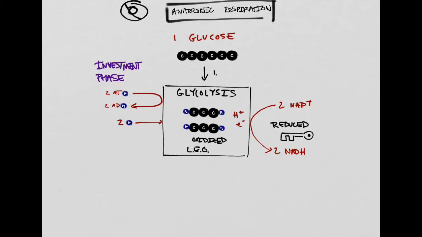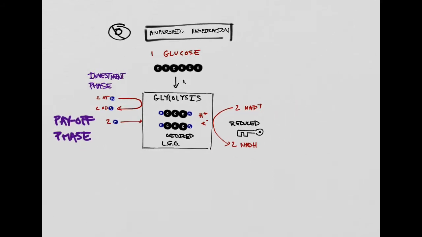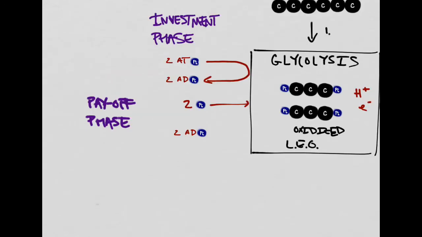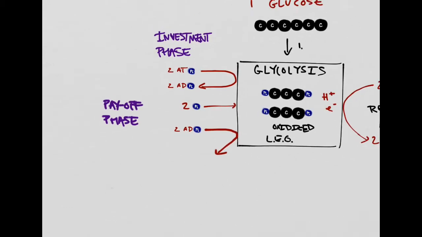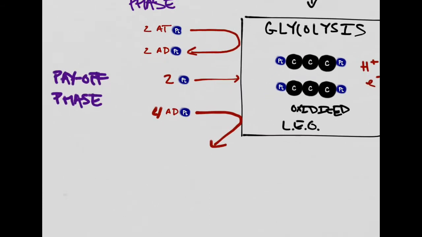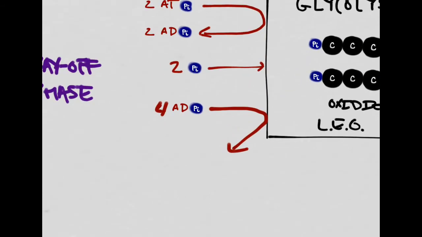So I'm going to draw here. You see, this is part of the payoff. And so we spent 2 ATP initially, and now we're going to take 4 ADP, and we are going to grab those phosphates on either side of those 3-carbon molecules to make 4 ATP.